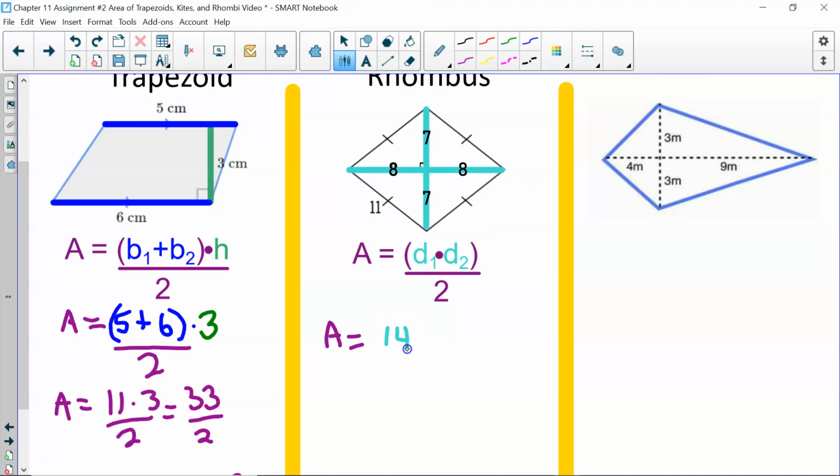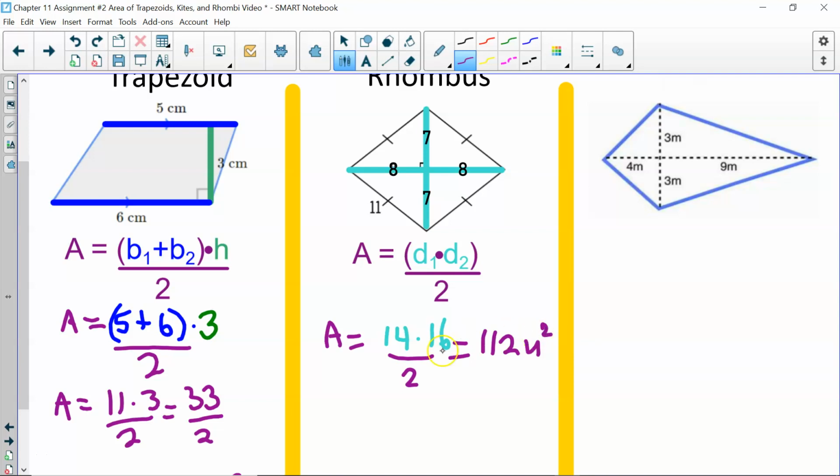So we have 14 times 16, all of that divided by 2. Get your calculators out. 14 times 16 divided by 2, 112 units squared. They did not give us any units in this example, so we would be using u squared.